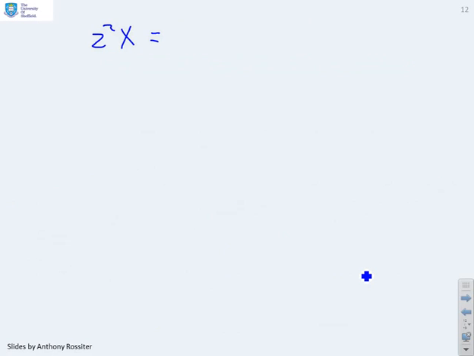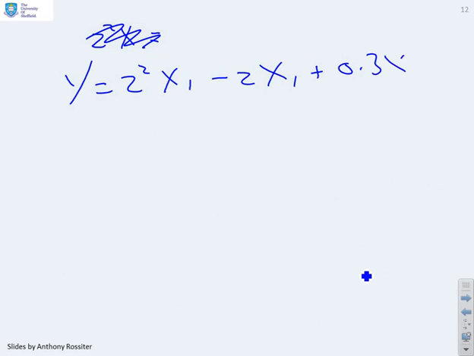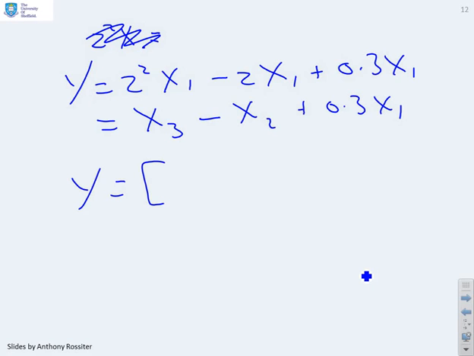So I'll rewrite this more carefully. So what we've got is y equals z squared x1 minus z x1 plus 0.3 x1, which is the same as x3 minus x2 plus 0.3 x1, and therefore y equals 0, 1, minus 1, 0.3 into the overall vector of x.